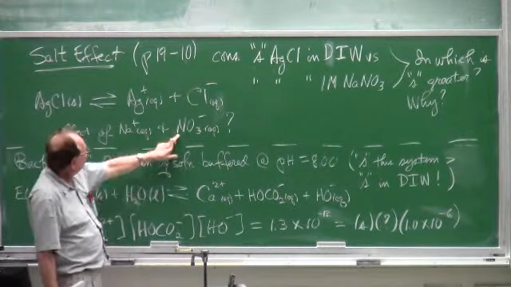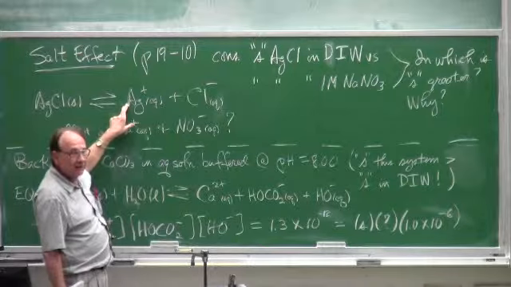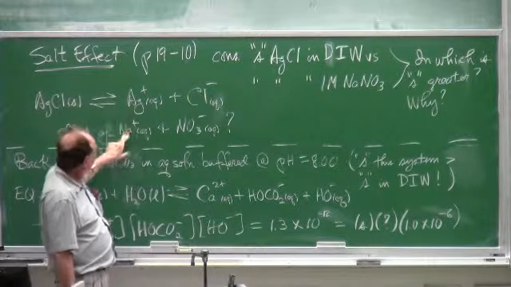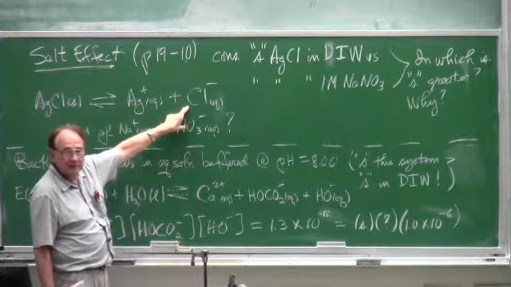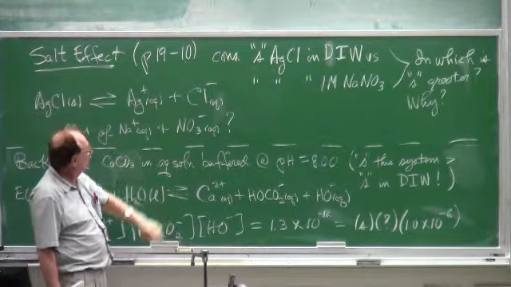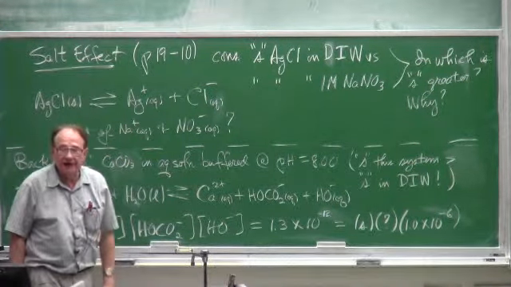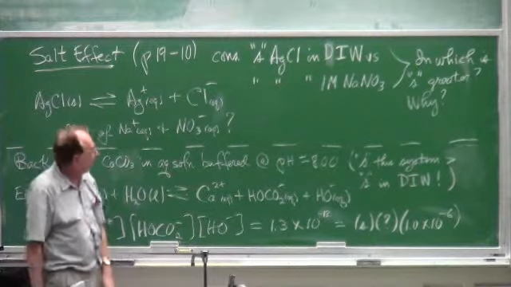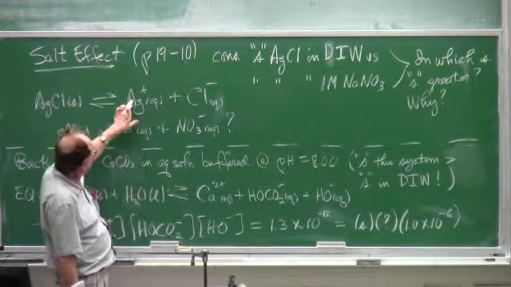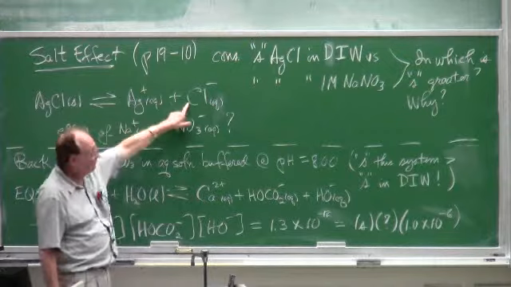Now, does nitrate react with silver ion to make a precipitate? No. Does the sodium ion react with chloride ion to make a precipitate? No. Well then, what is the result of this non-chemical impact of attraction of nitrate ion to silver ion and sodium ion to chloride ion?